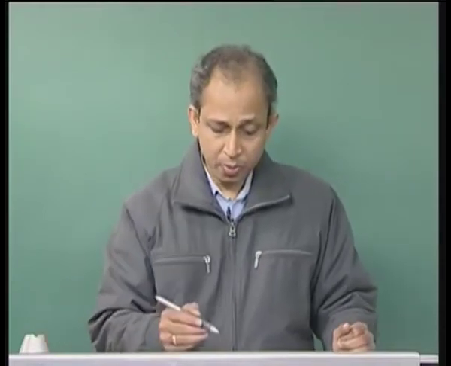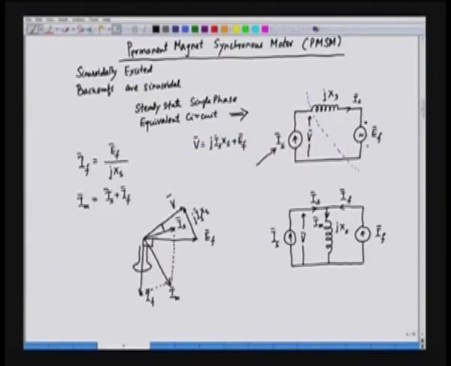So, in this case, the angle that we usually know, the angle between Ef and V is called the torque angle or delta. And we also have an angle between If and Is. This angle between Is and If is called delta prime.